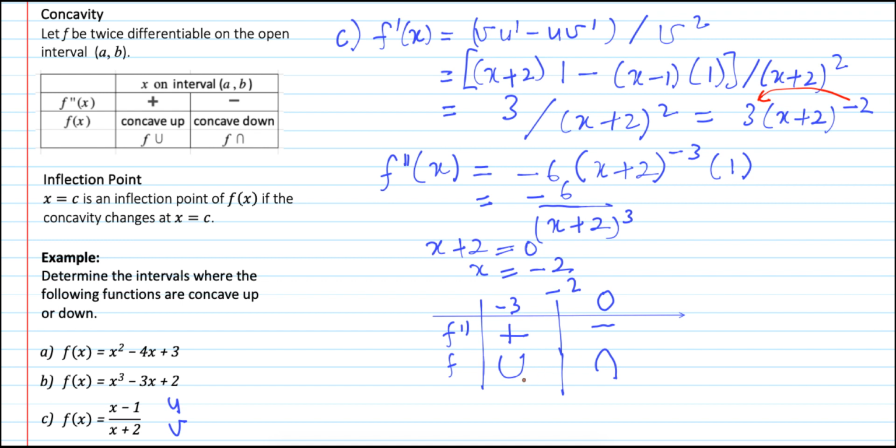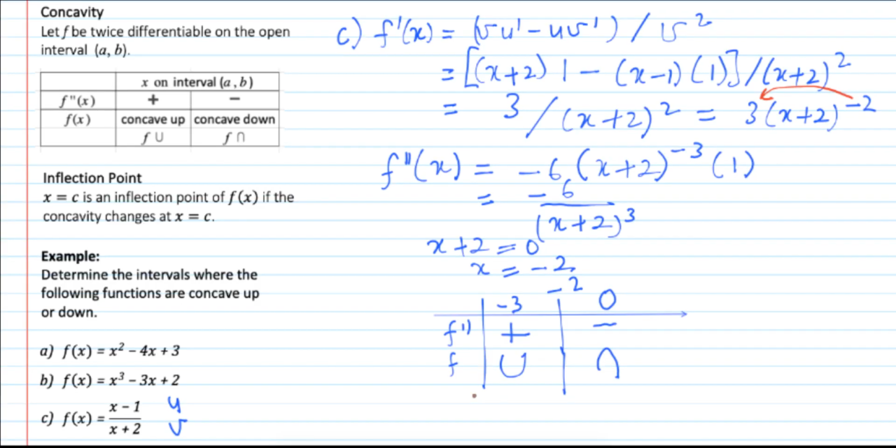You have a change in concavity. For x less than minus 2, the function is concave up. For x greater than minus 2, the function is concave down.